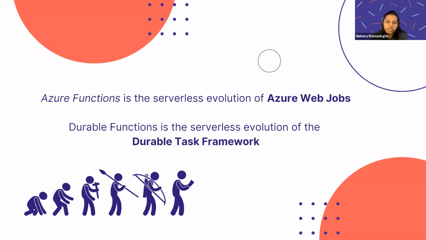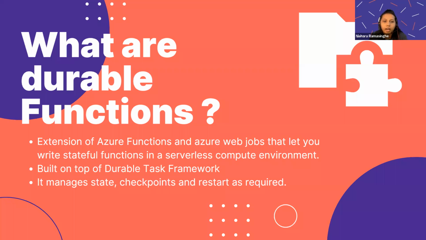Azure Functions is a serverless evolution of Azure WebJobs, while Durable Functions is the serverless evolution of the Durable Task Framework. So let's move into our main topic of the day: Durable Functions.